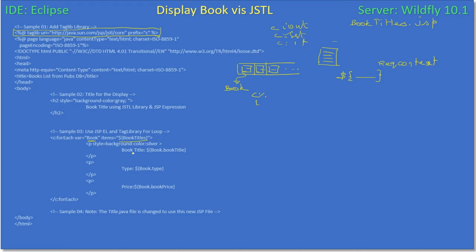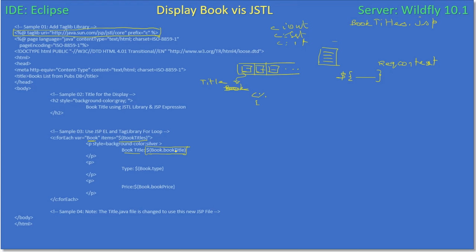Then book title, this is HTML, and here we are accessing the JSTL content as a variable. The variable is defined here with the same syntax: dollar, open curly braces, book. Here book is an object of type title, so it's a title bean.